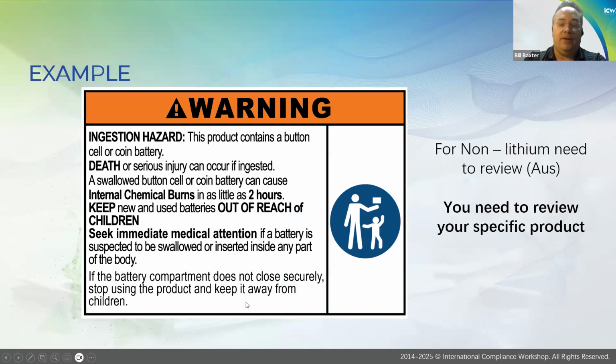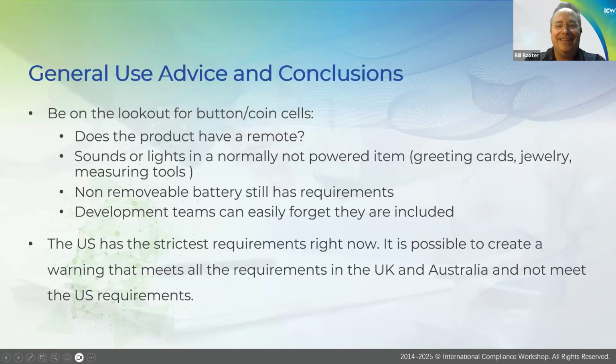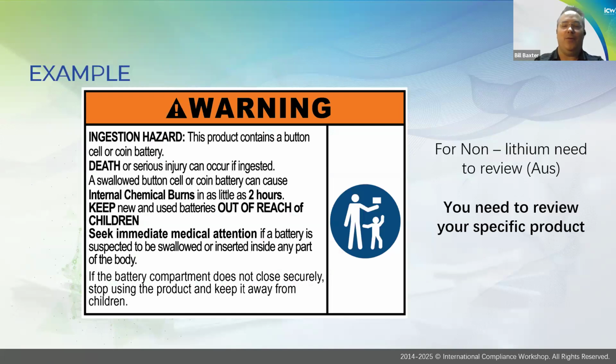And then the last piece is what I've been saying for half an hour, which is the US is the strictest right now. So it's possible to create a warning that meets everywhere else on Earth and still can't get into the US.